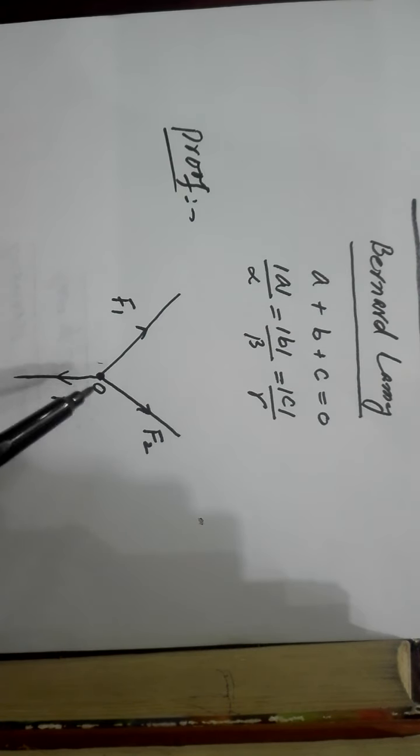So according to the definition, if you have three forces acting at a point like this, F1, F2 and F3, the angle between F2 and F3 is, suppose, alpha.